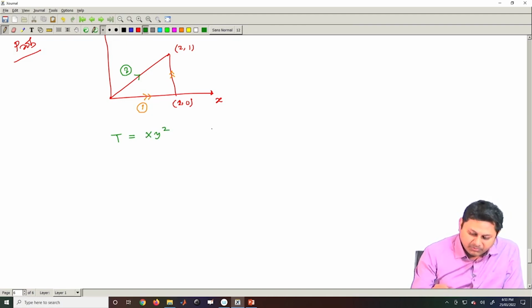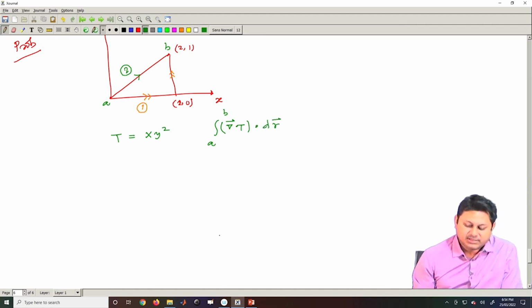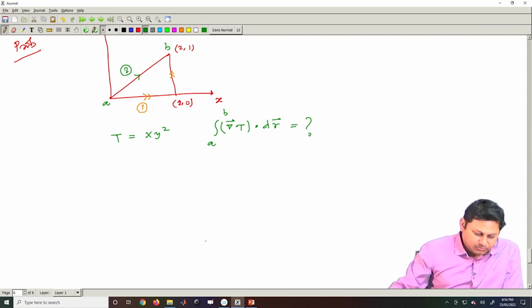Now, the problem is to find, from A to B, this point say A and this point B, what is the value of this quantity?